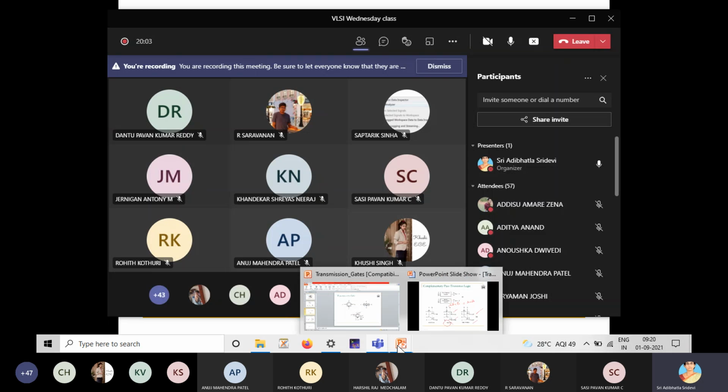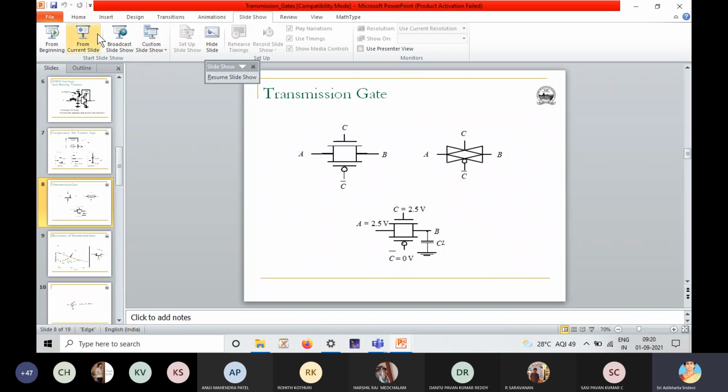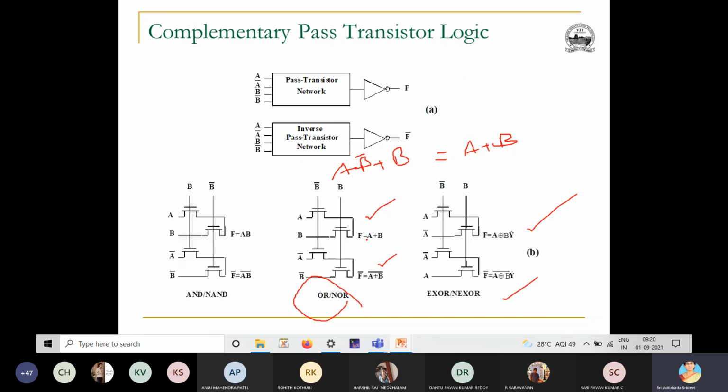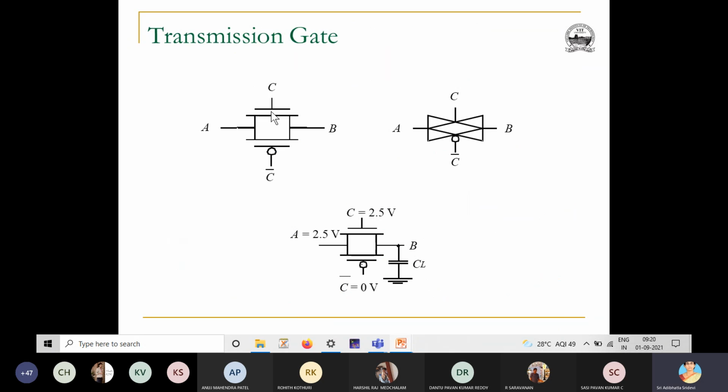But if you observe, a pass transistor or transmission gate can also be considered CMOS because it has both NMOSFETs and PMOSFETs, correct? Are you getting my point? Yes, ma'am. Logically it can also be considered CMOS because all of these belong to CMOS.